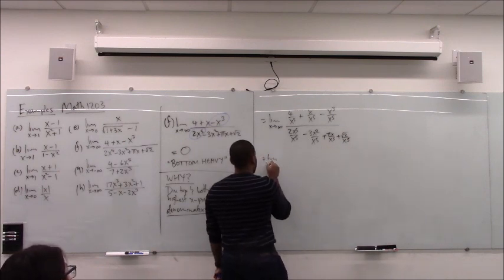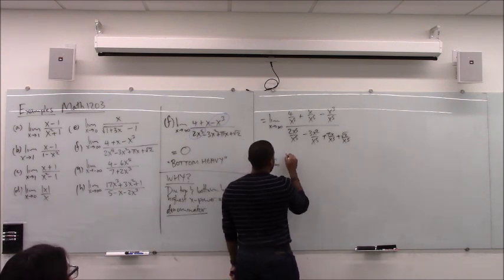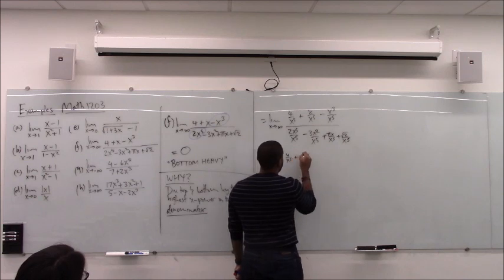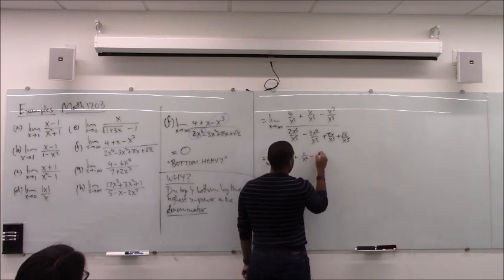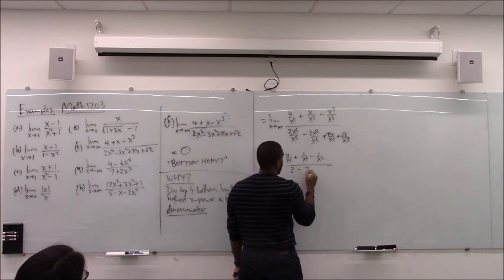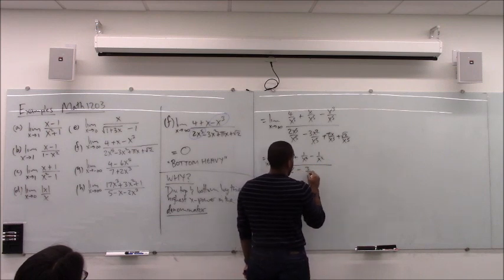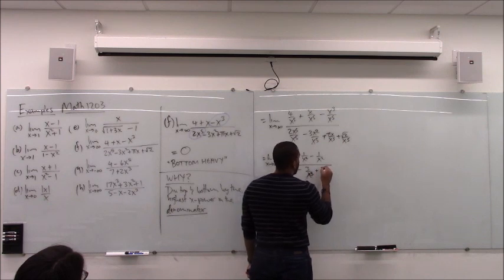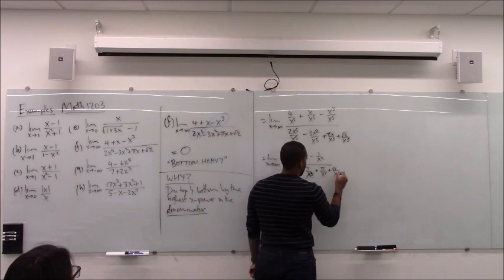You'll realize that that simplifies into 4 over x to the fifth plus 1 over x to the fourth minus 1 over x squared, over 2 minus 3 over x cubed plus 1 over x to the fourth plus, bracket, 2 over x to the fifth.